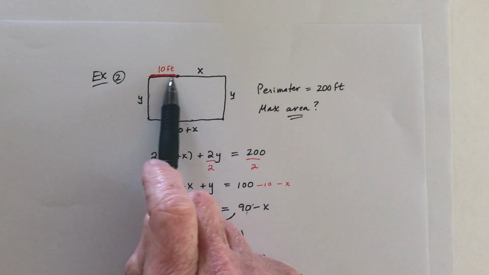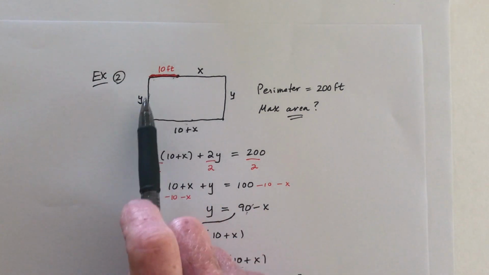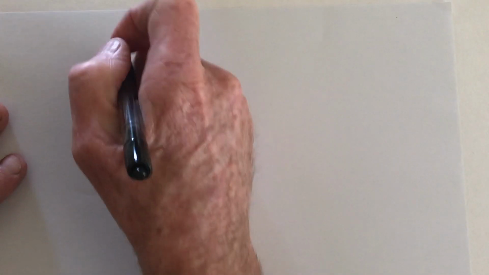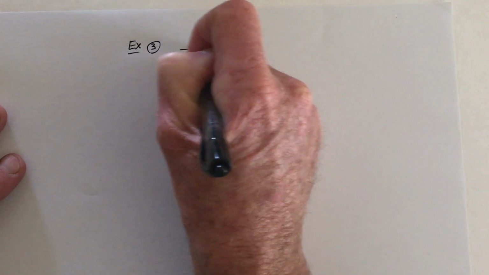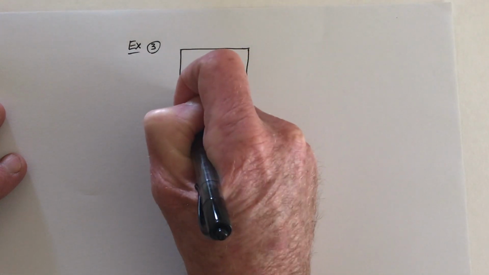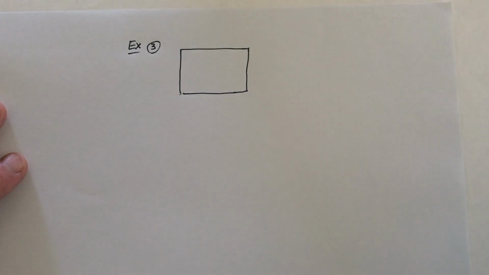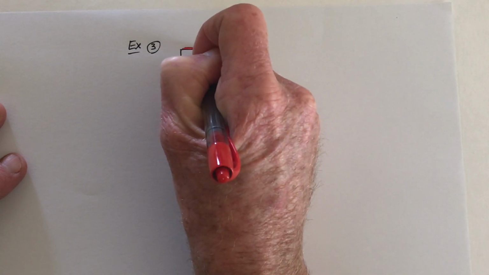So this brick wall is already there, but then we're going to talk about money. So for example number 3, we basically start with the same rectangle, and this is that 10-foot brick wall that's already there.